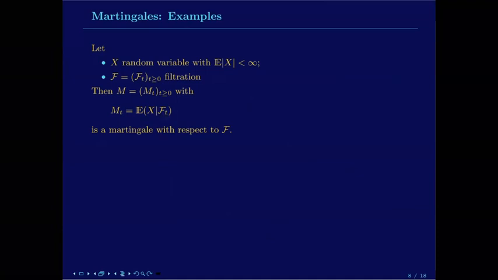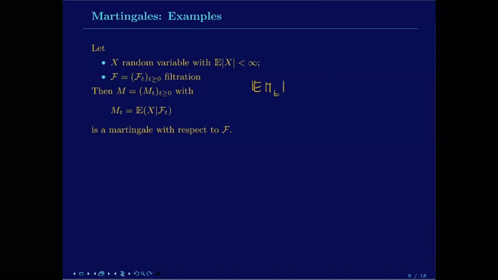And that, of course, means that this process M_t, or the process M, is adapted to this filtration. Then the martingale property is a simple consequence of the law of total expectation.